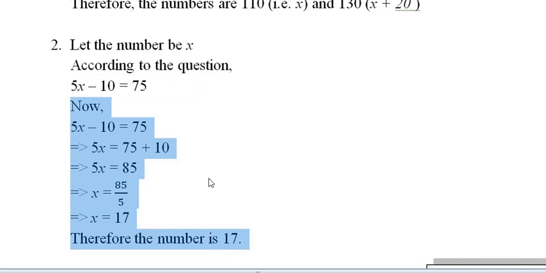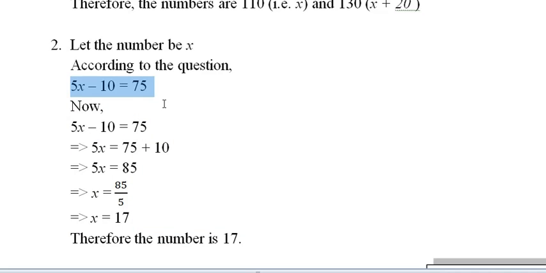Actually, in this exercise 12.2, framing the equation is your main problem. Then it is just like exercise 12.1. You just have to find the value of x and get the answers.